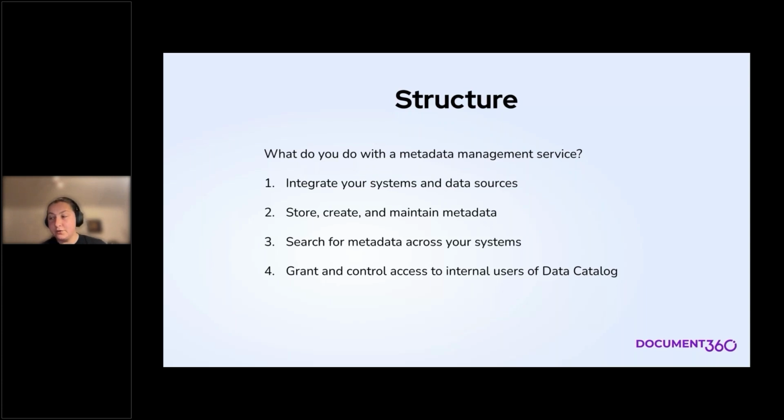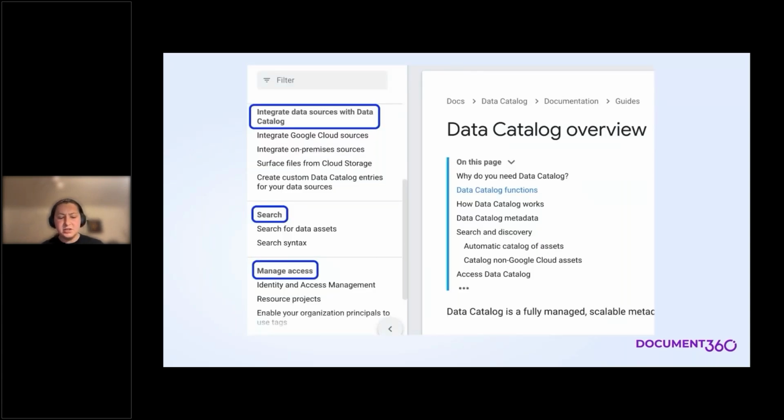Then you search for metadata, and it's complicated a little bit. And lastly, you control access to the metadata service for the internal users of your company that are supposed to have access to it. So it's not such a complicated high-level user journey.